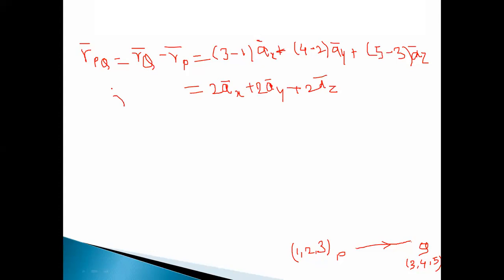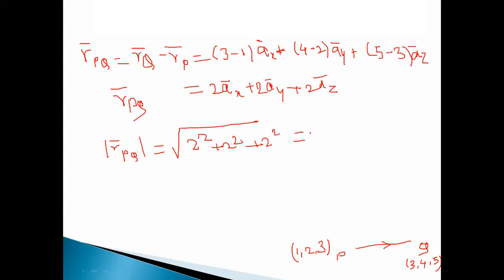This is your R bar PQ. Now find the mod of R bar PQ, which is equal to square root of 2 square plus 2 square plus 2 square. All three are positive. How much does it come to? 4.89.